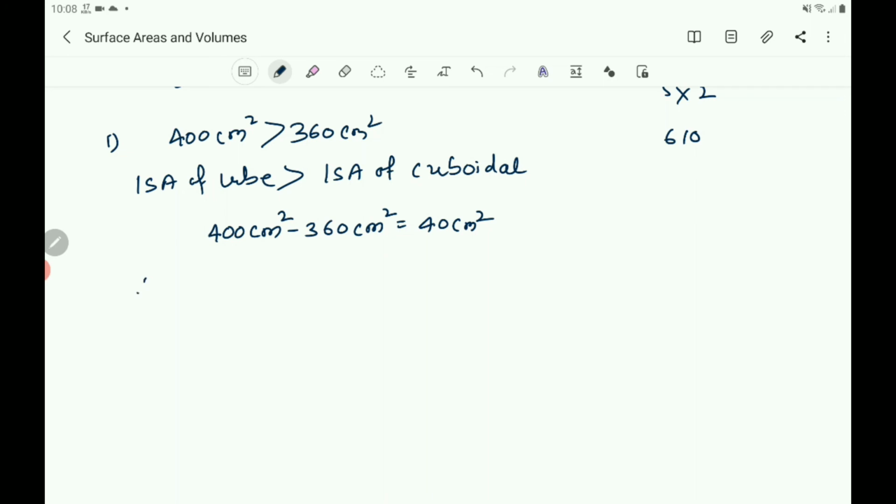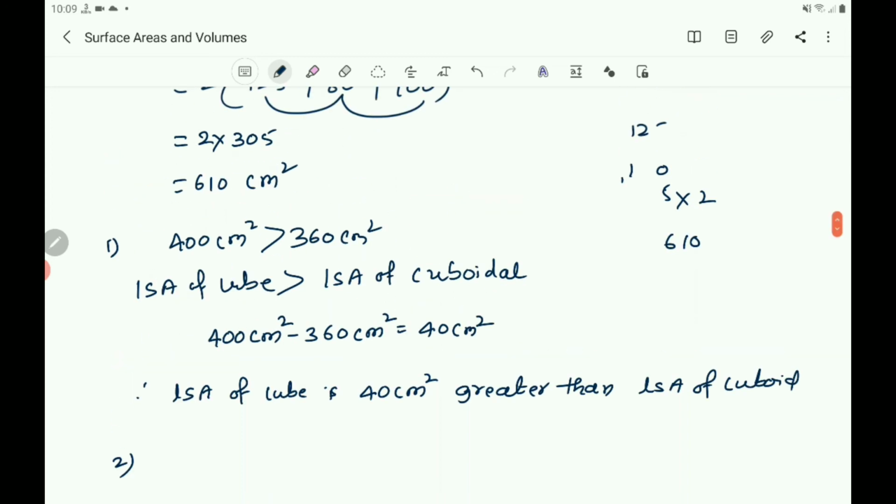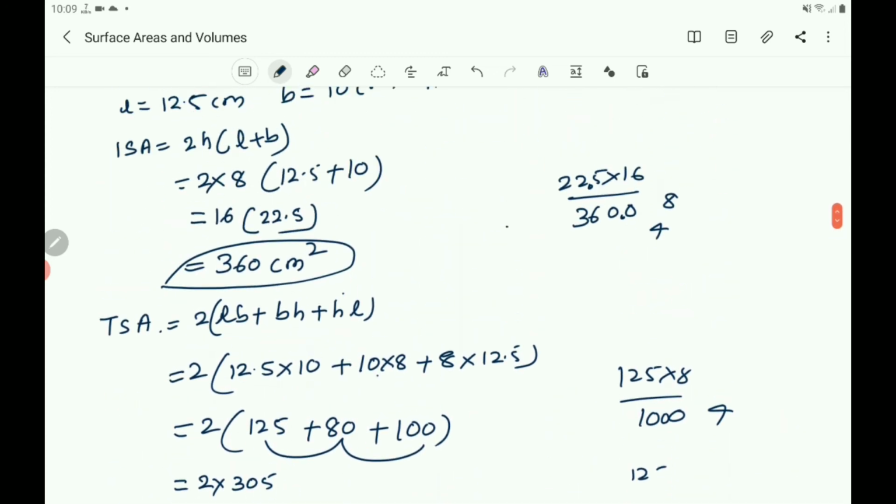Therefore you can write, LSA of cube is 40 cm square greater than LSA of cuboid.